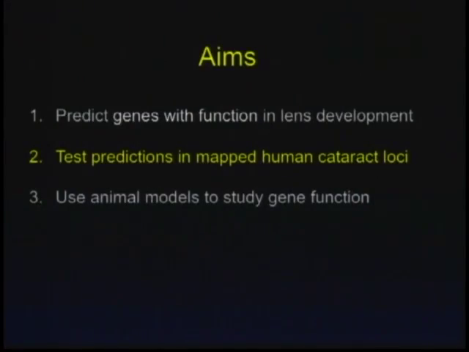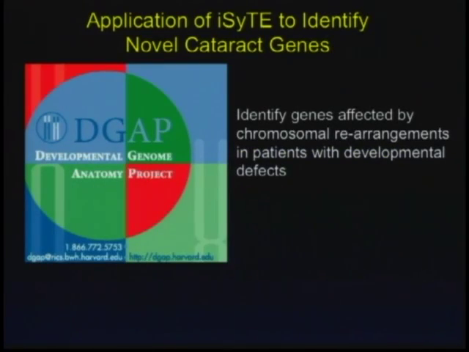So now that we were confident that we had formulated a tool for predicting genes which are important in lens development, we wanted to use it to map cases of cataract. And I decided to participate in a project initiated by Dr. Cynthia Morton at BWH. This project is called the Developmental Genome Anatomy Project, or DGAP.